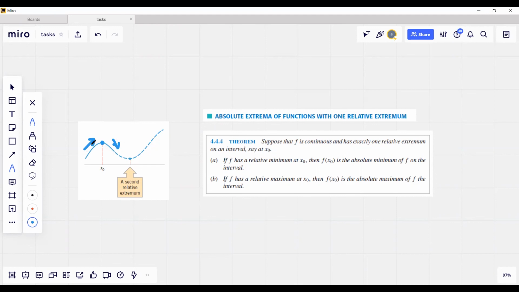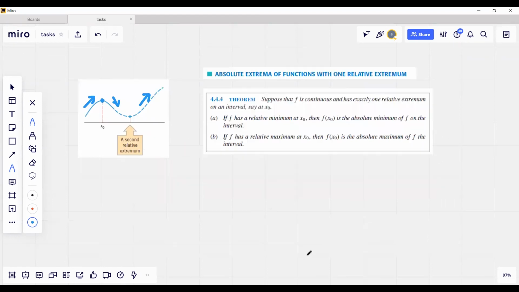So our function is increasing, it reaches its relative maximum point at x0, then it is decreasing. Now, to reach this height again and maybe surpass it, our function has to change its direction again. And this change in direction is going to produce another critical point, either a stationary point or maybe a corner point. Meaning that if a function has only one relative extremum on some interval, then this relative extremum is also an absolute extremum point.